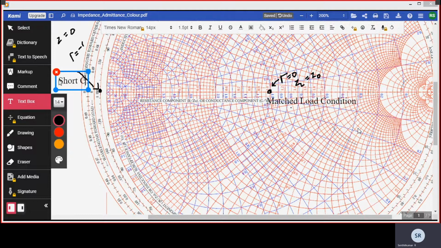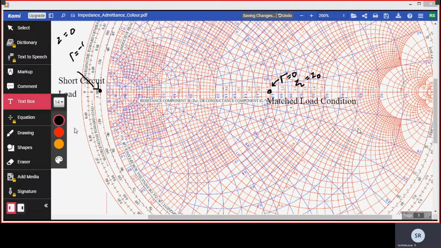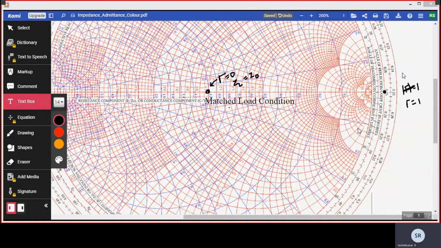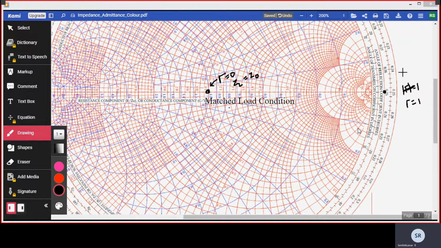And Z equal to 0, I am marking here, is the end that corresponds to the short circuit load. The other end, I am marking Z equal to infinity.